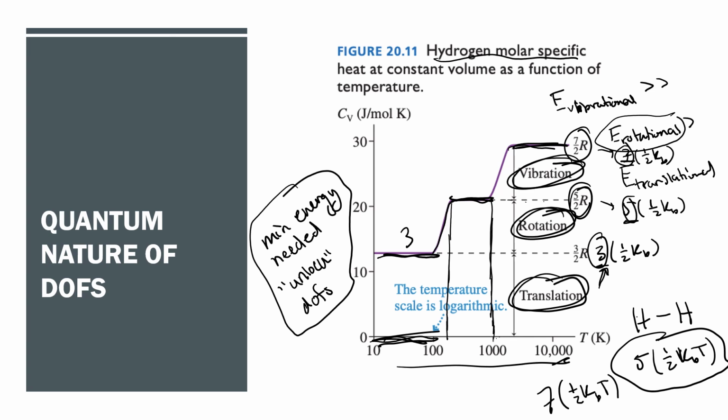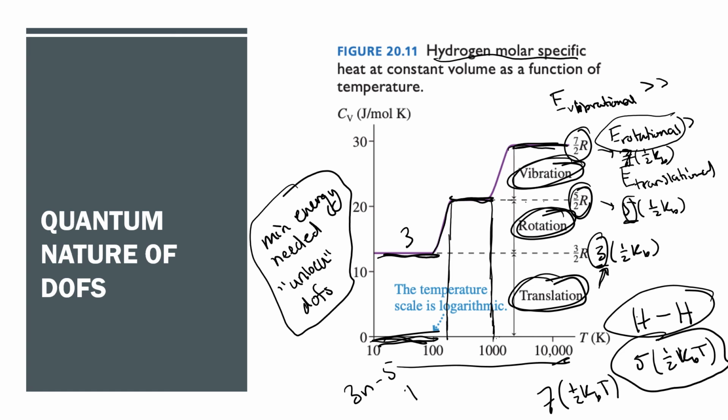And lastly, you might be wondering why there's a 7 in front of the degrees of freedom for vibration, right? Because remember, when we talked about a polyatomic linear molecule, we said that the total degrees of freedom should be 3N, for any molecule. So if I wanted the number of vibrational degrees of freedom, that should be 3N minus 5 for hydrogen gas, right?